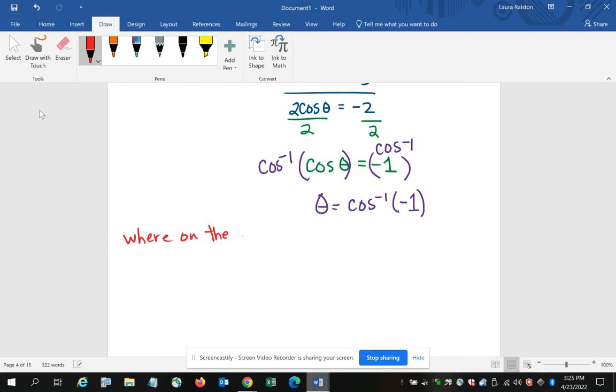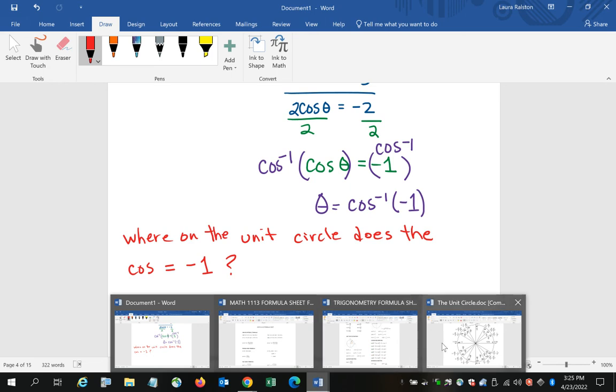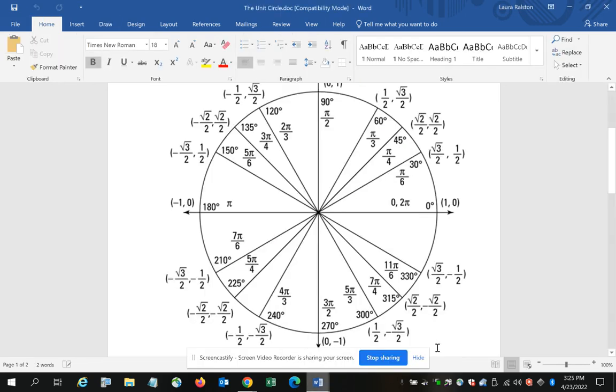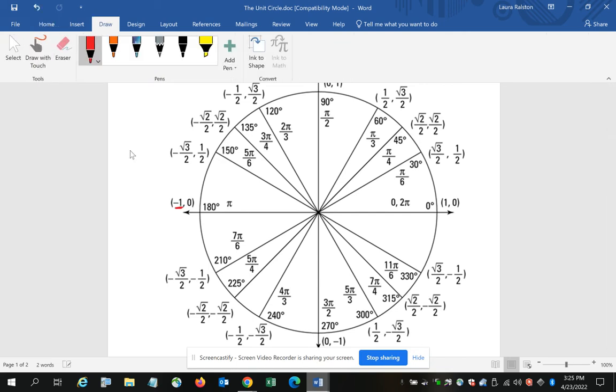Okay, when you see this expression, you're being asked where on the unit circle does the cosine equal -1. Okay, so if I go out to my unit circle, and cosine corresponds to the y coordinate, and the cosine is -1 at pi.